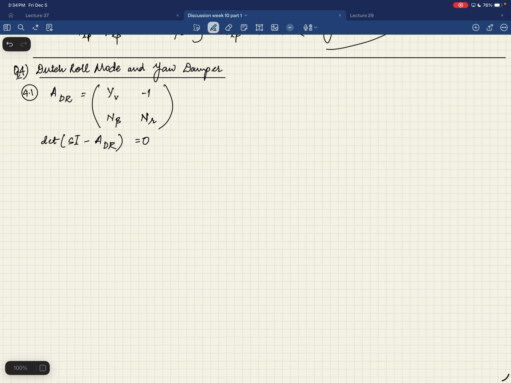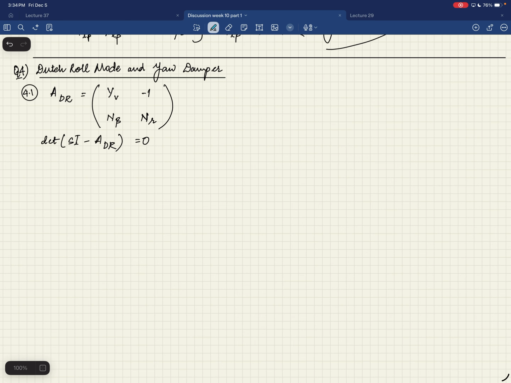Prime is because you remember that you have something called IXZ. These N r and N beta actually have terms with a denominator and numerator, and they are multiplied by IXZ. Yeah, the inertia part.